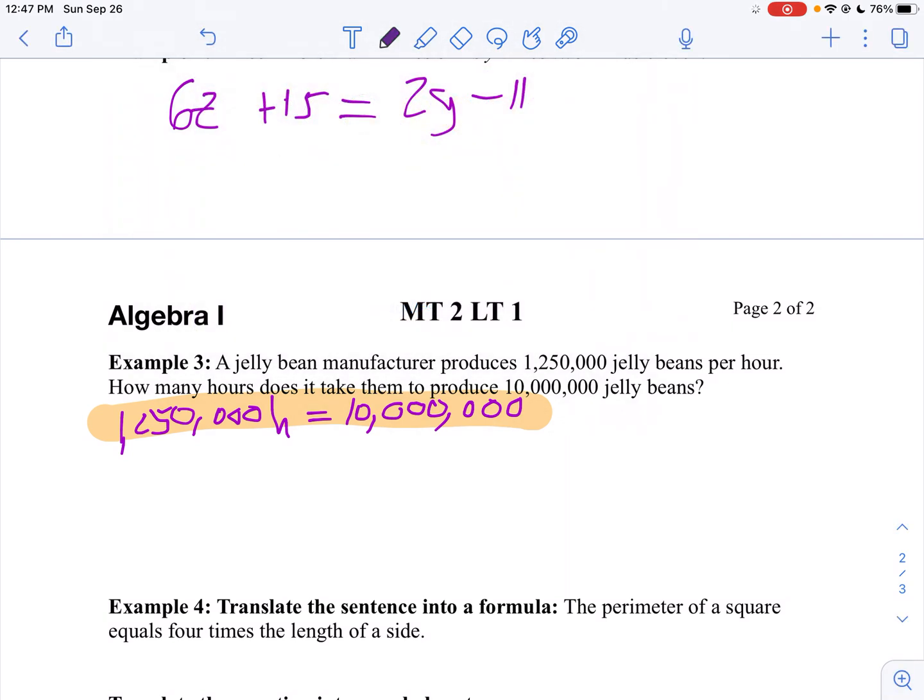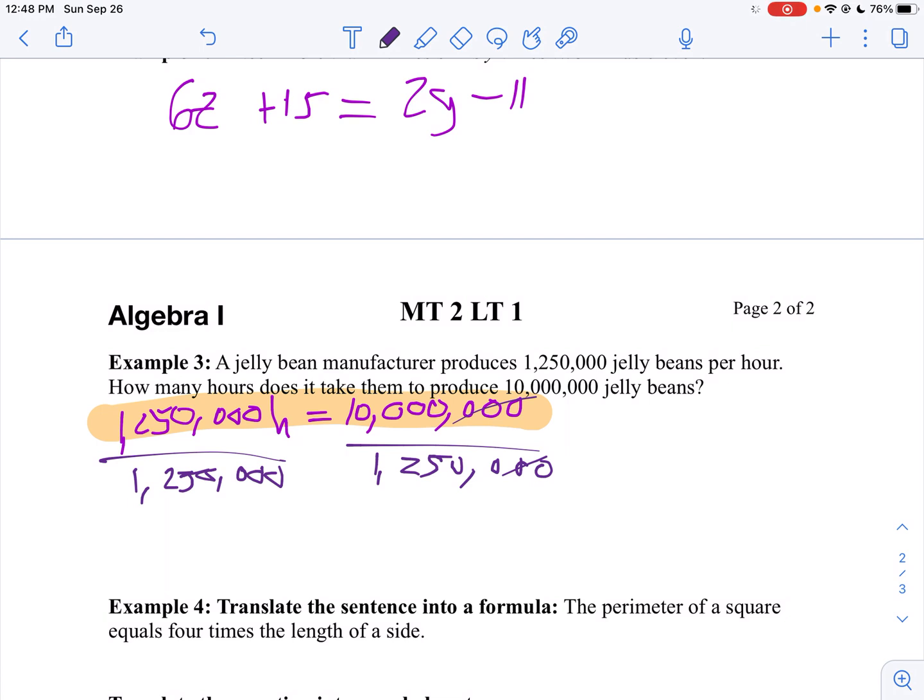Well, the opposite of multiplying is dividing. So we're going to divide both sides by 1,250,000. I know the thousands reduce out right away. But if I take 10 million, in this case, it would be 10,000, wouldn't it?